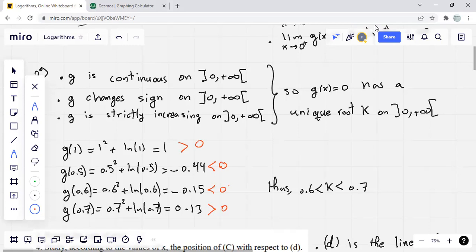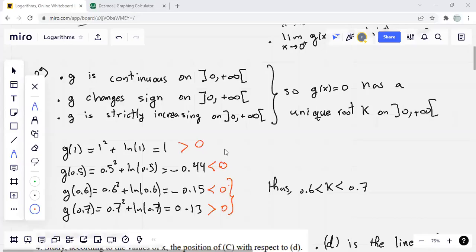Okay, so the root must be somewhere here. If we have a number line, for example, at 0 here, the domain of definition starts at 0. At 1, it is positive, above the x-axis here. At 0.5, it was negative.